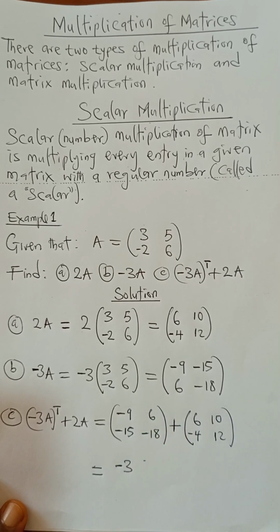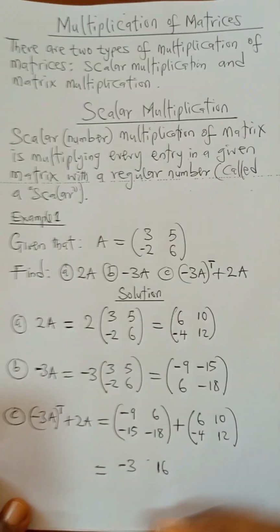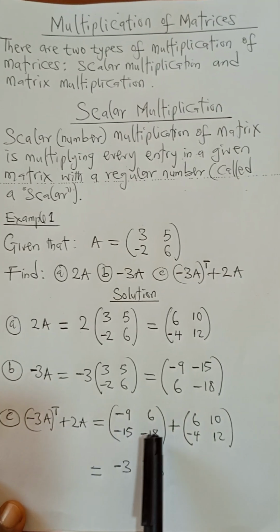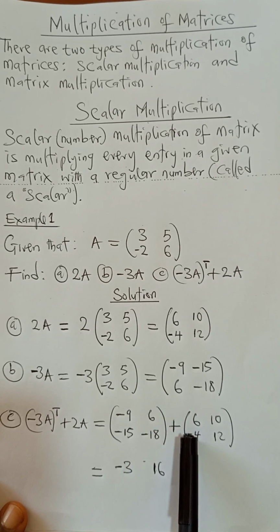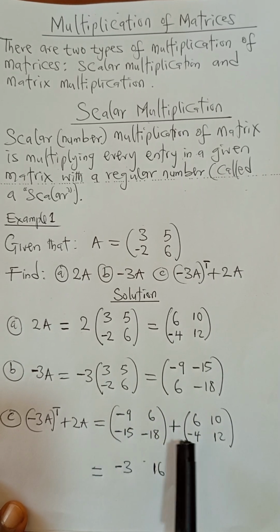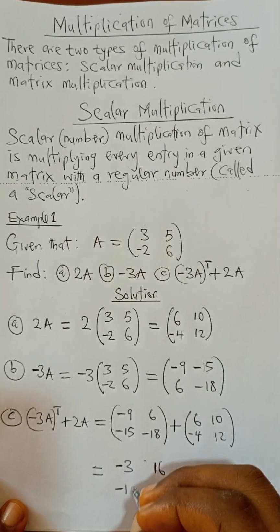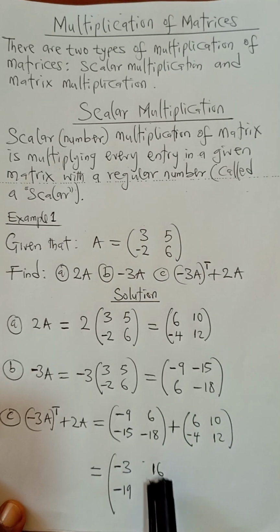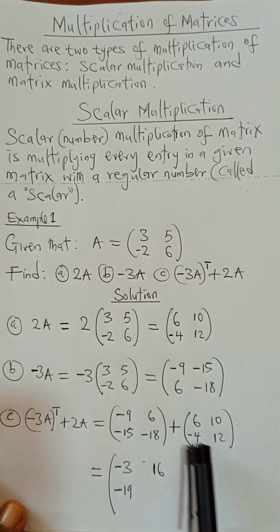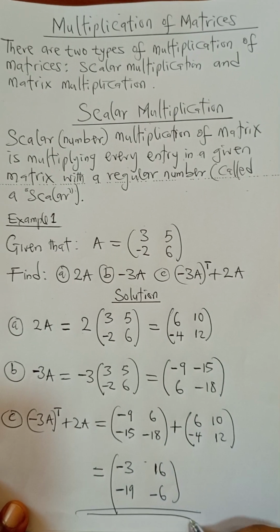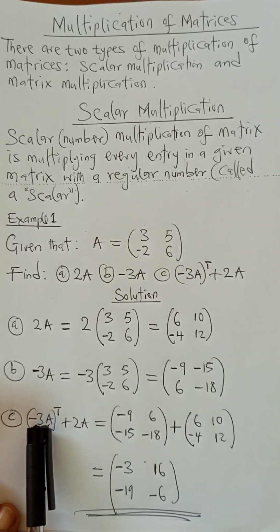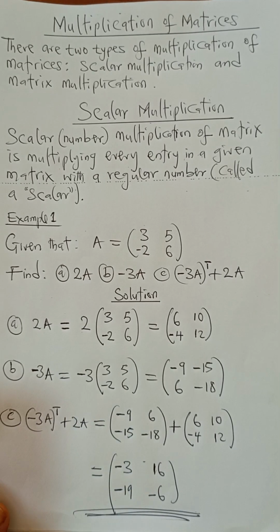Minus 15 plus 10 will give me minus 5. 6 plus minus 4 is 2. Minus 18 plus 12 is minus 6. So this is the answer for minus 3A transpose plus 2A.